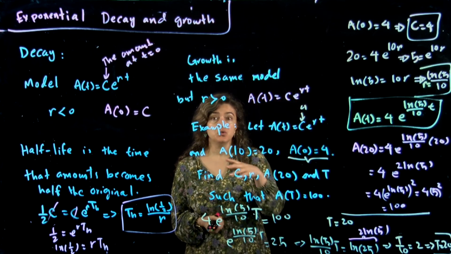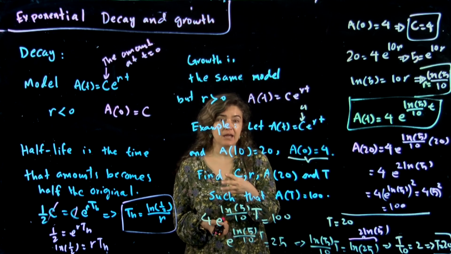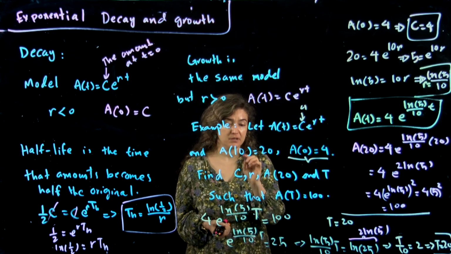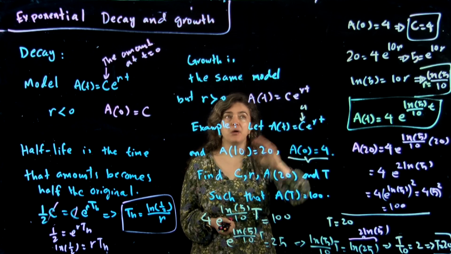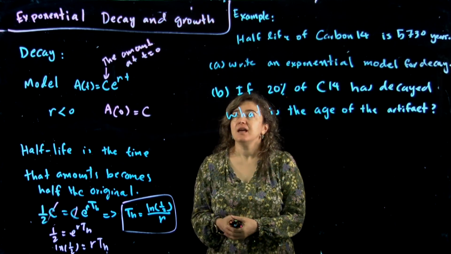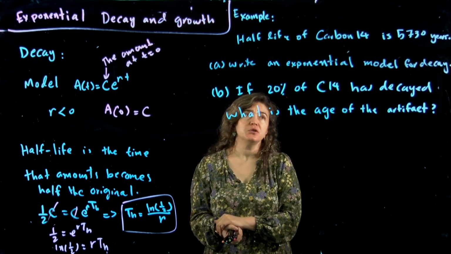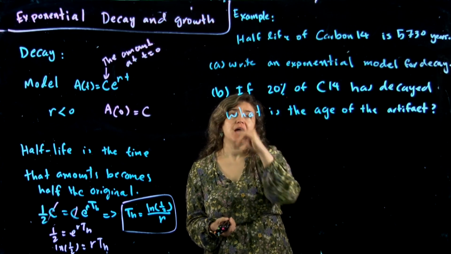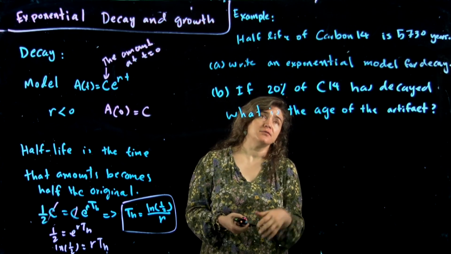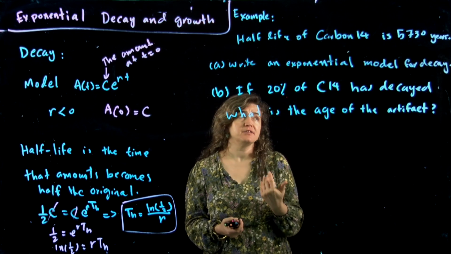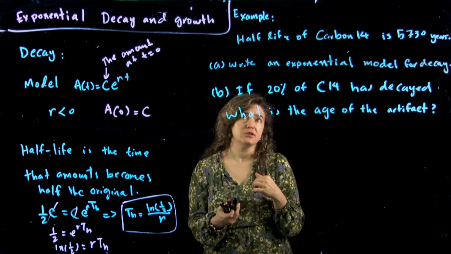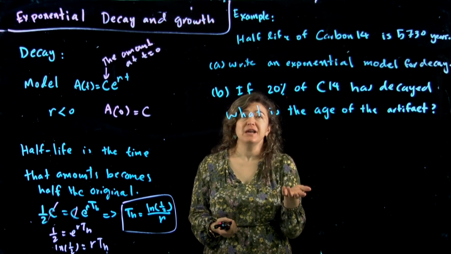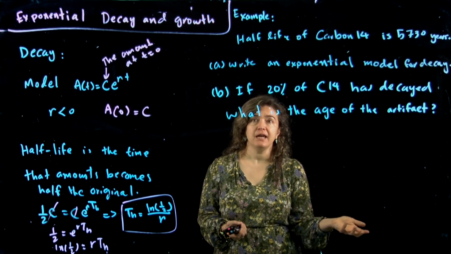Next, I'm going to do one exponential decay, one carbon 14 decay problem up on the board. So in an exponential decay problem, let's say the half-life of carbon 14 is 5,730 years. First of all, write an exponential model for the decay.